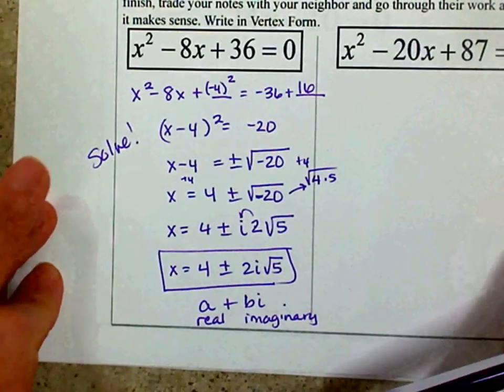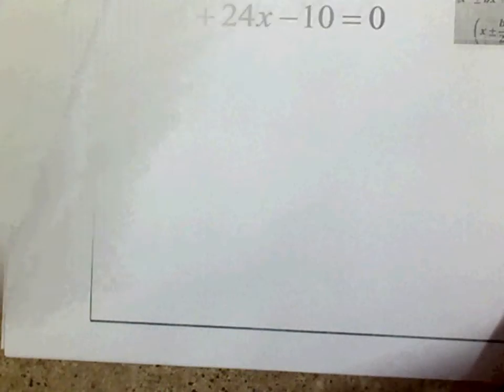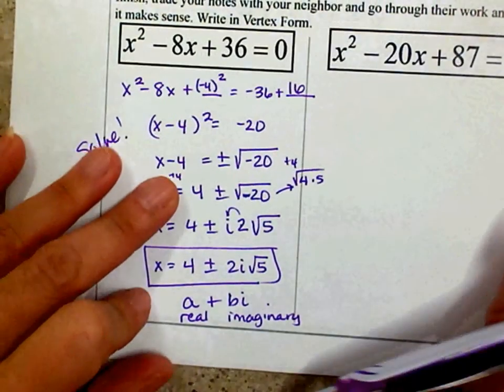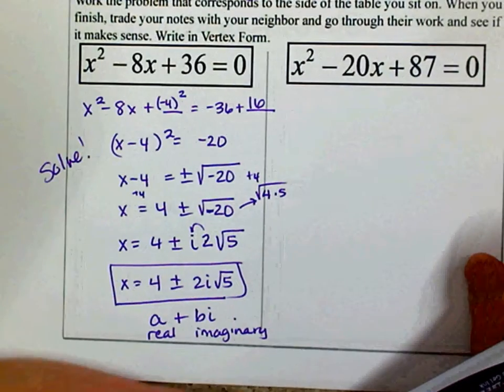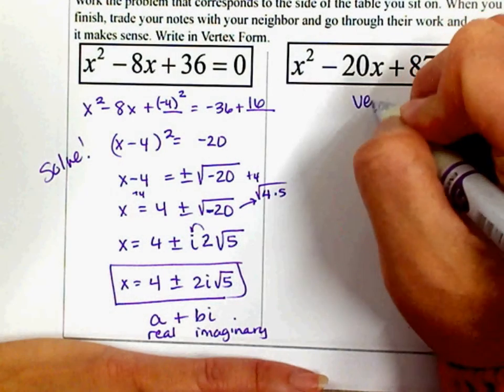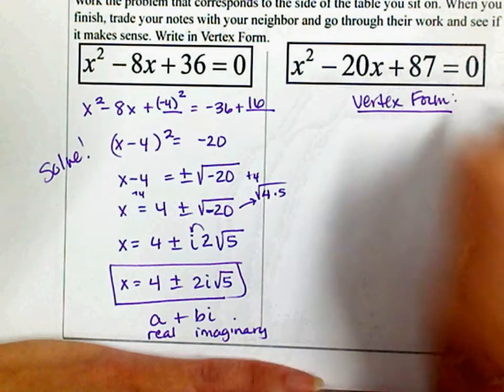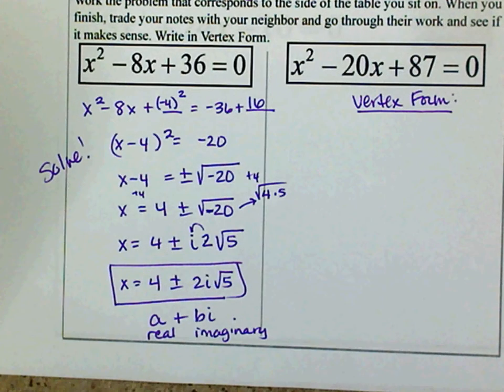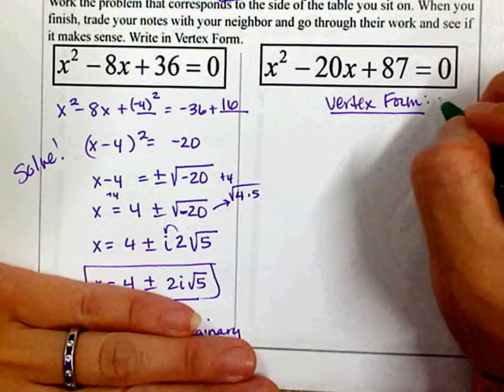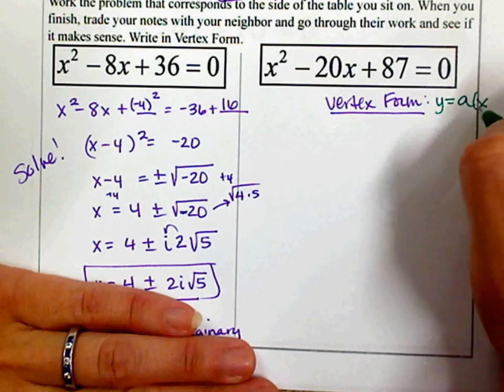Let's do another one. Okay, this time let's do it in vertex form. So kind of go back and forth, try to figure out what it is we're asking. This time I want to do it in vertex form, and vertex form looks like y equals a(x minus h) squared plus your k, right there.